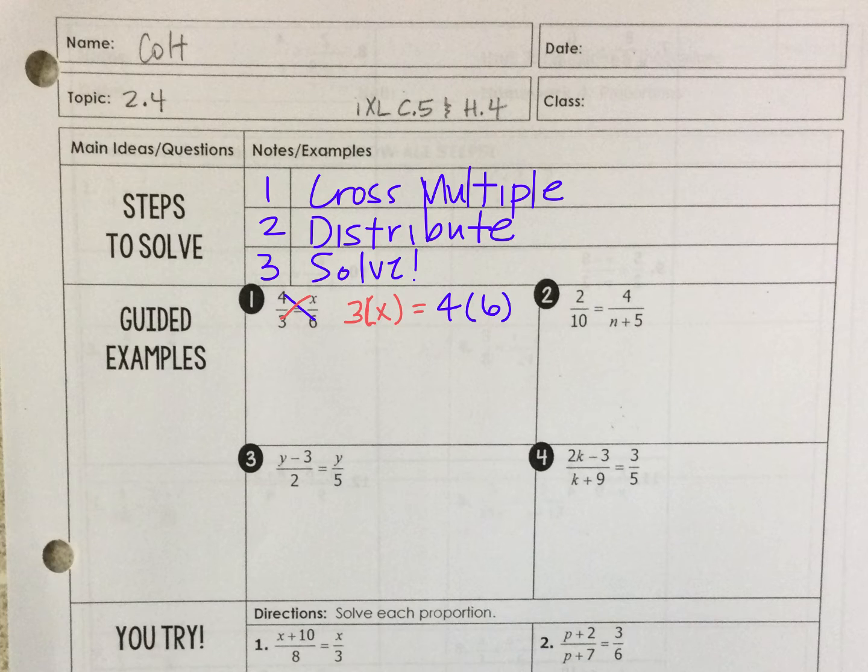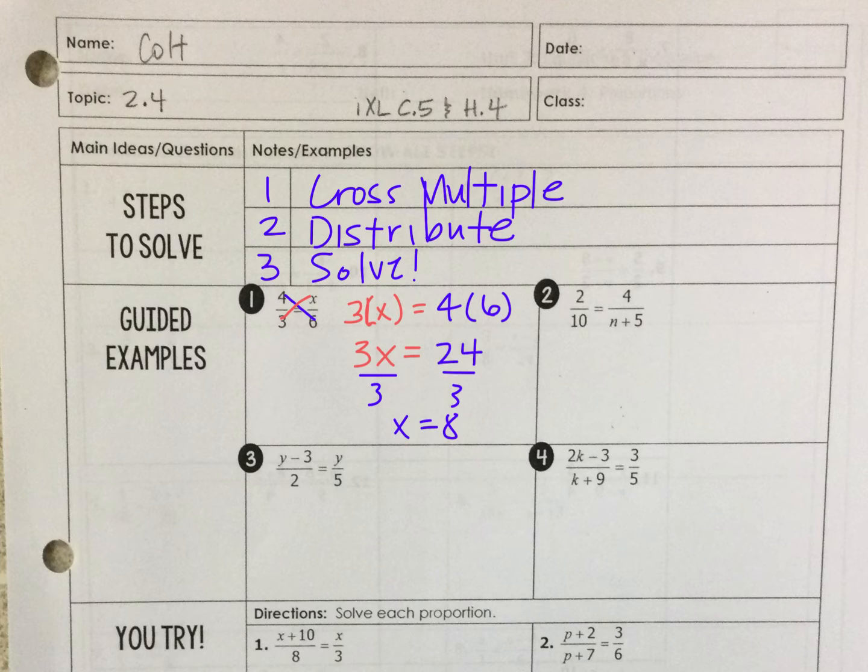So I'm going to multiply 3 times X and get 3X. And you just put an equal sign in between them. 4 times 6 is 24. Okay, now this just looks like a basic equation. Divide by 3, X equals 8.